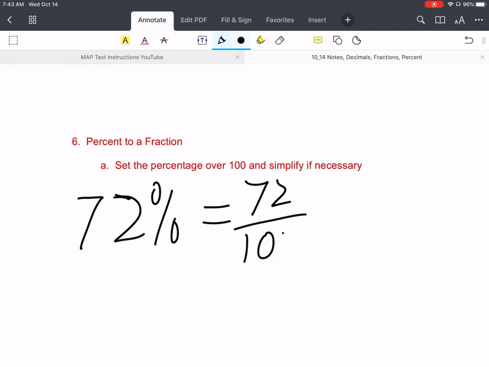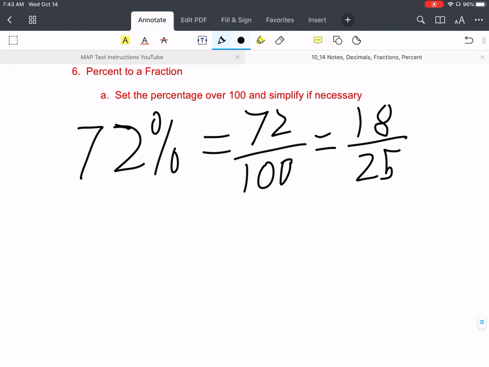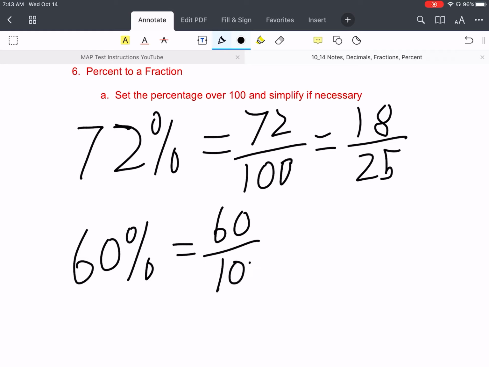So we always set it over 100. And we can simplify that. We can divide both of those by 4. Let's get 18/25. If we have 60%, that means you have 60/100. We can simplify that to 3/5.